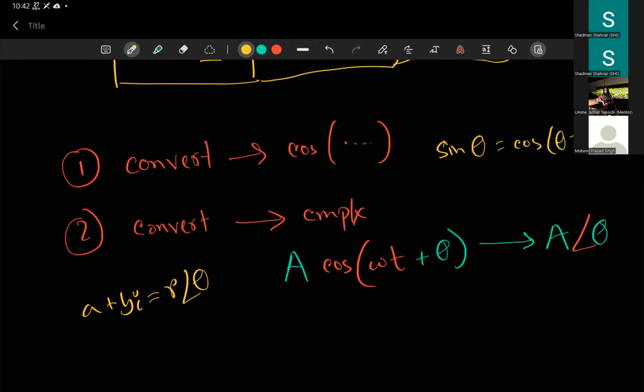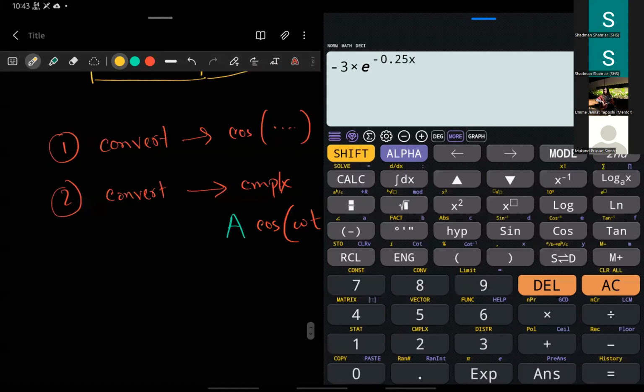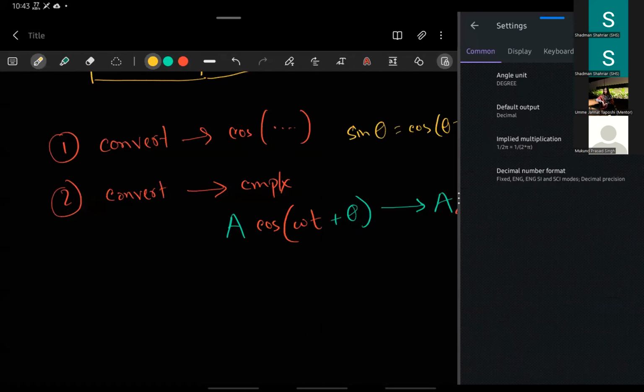Your calculator supports this mode as well. So before AC analysis, please make sure that your calculator is in polar mode. How can you make sure of that?